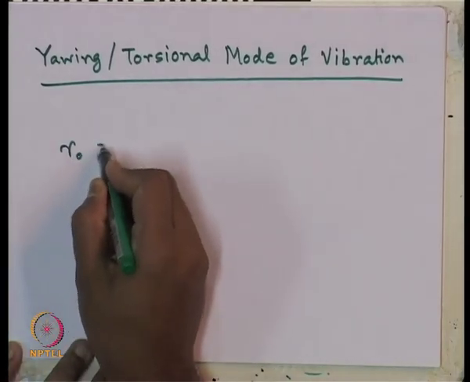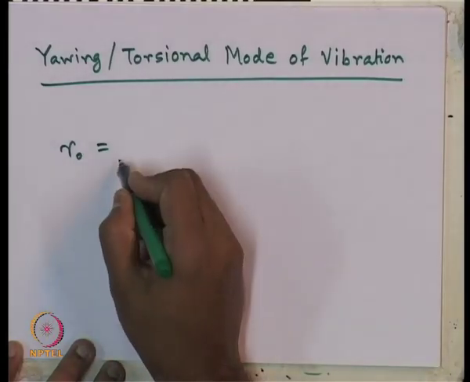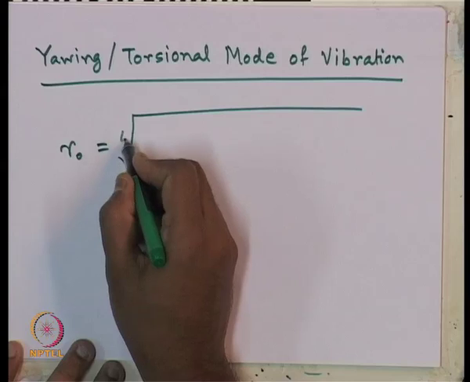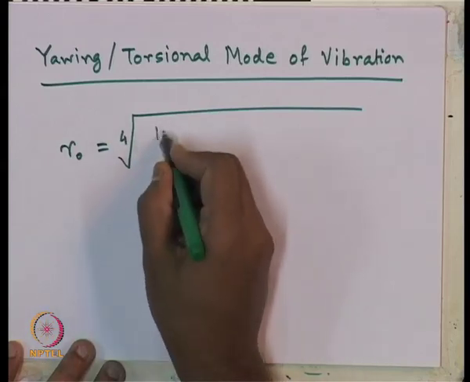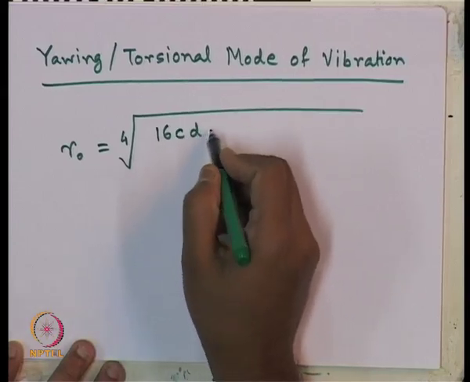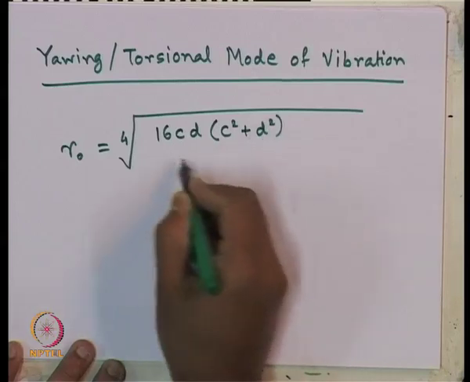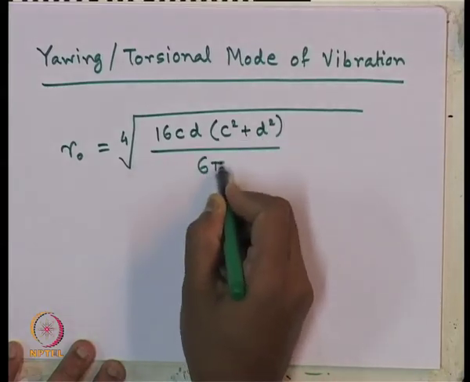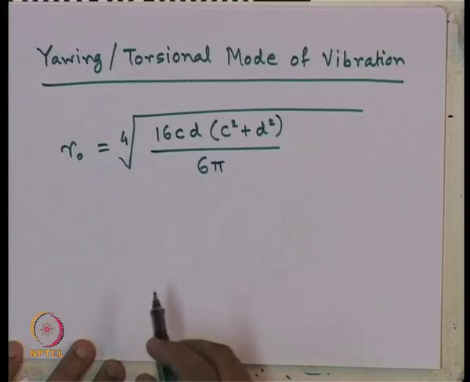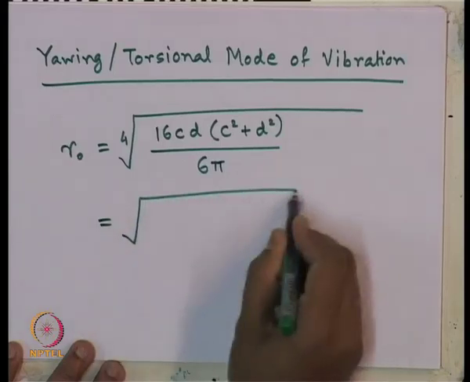What is the expression for R naught for torsional mode? It is the 4th root of 16 times C D (C square plus D square) by 6 pi. Am I right? That was the expression given earlier also to you.